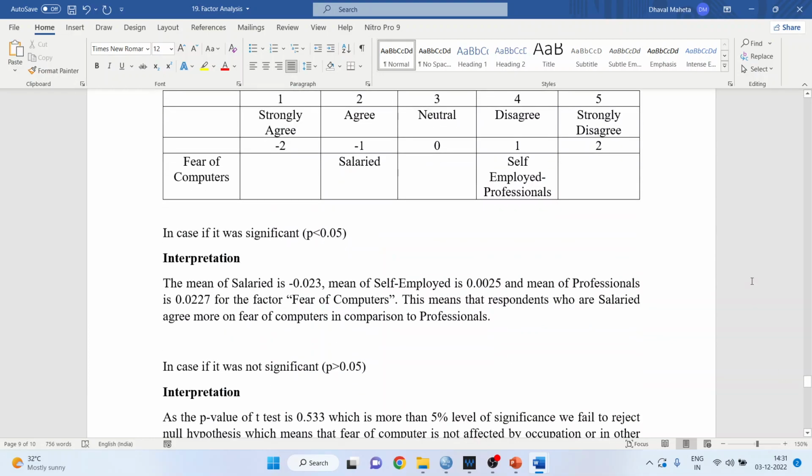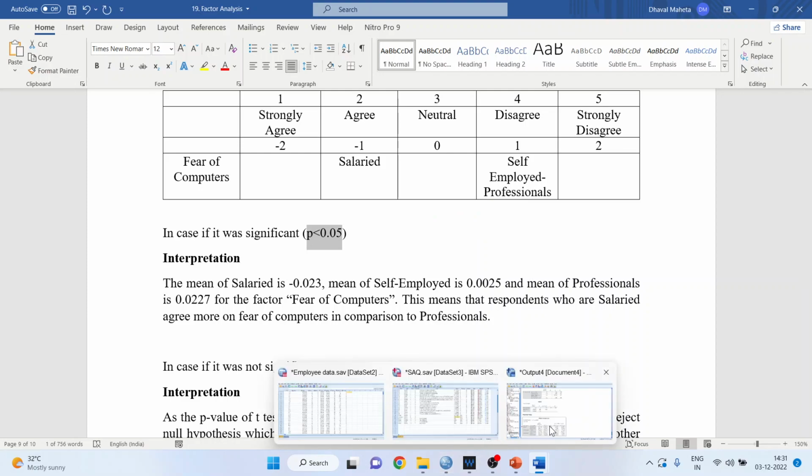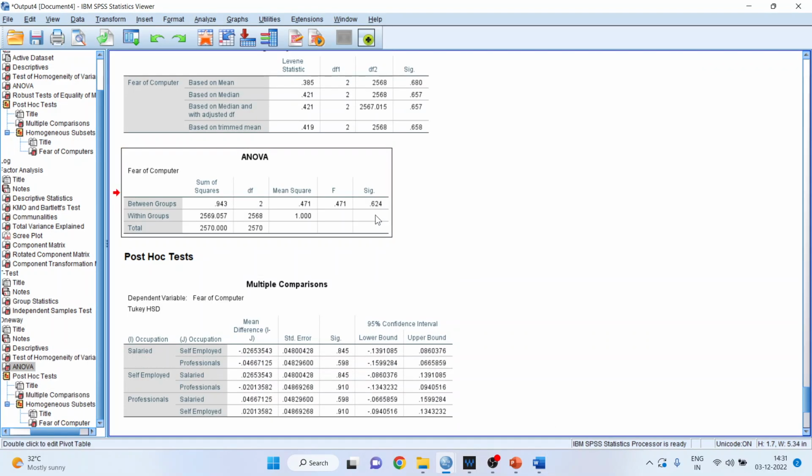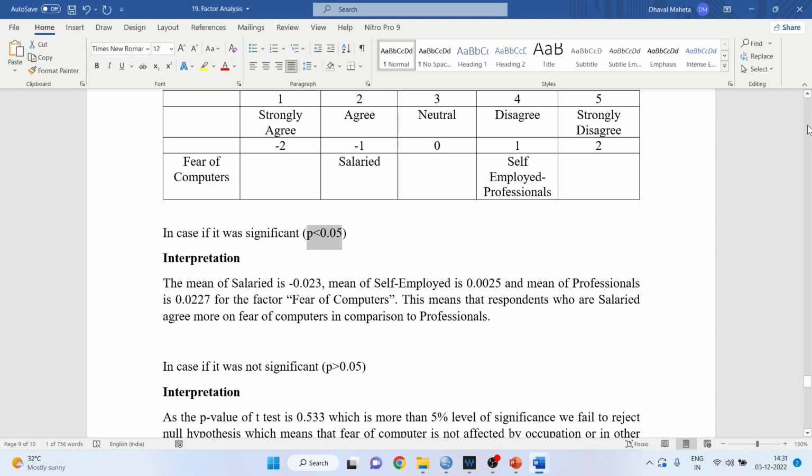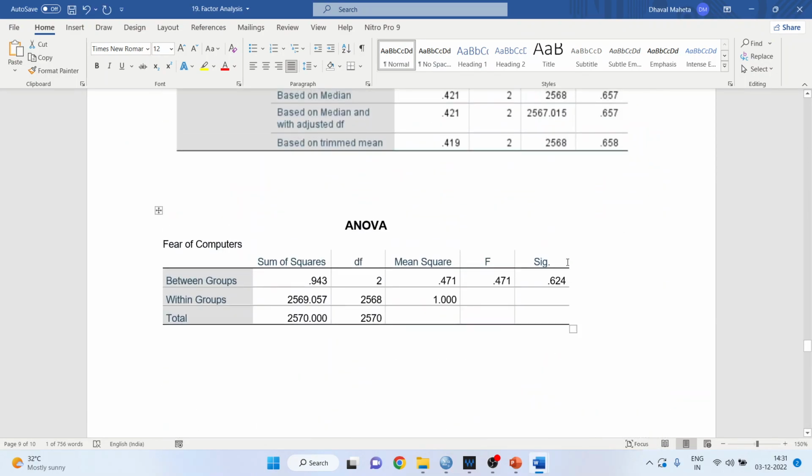Now, in case the p-value of ANOVA is less than 0.05, at present, what we have got is more than 0.05. But hypothetically, let's have an assumption so that you can understand how to write the interpretation. If this value was less than 0.05, how would I have interpreted?